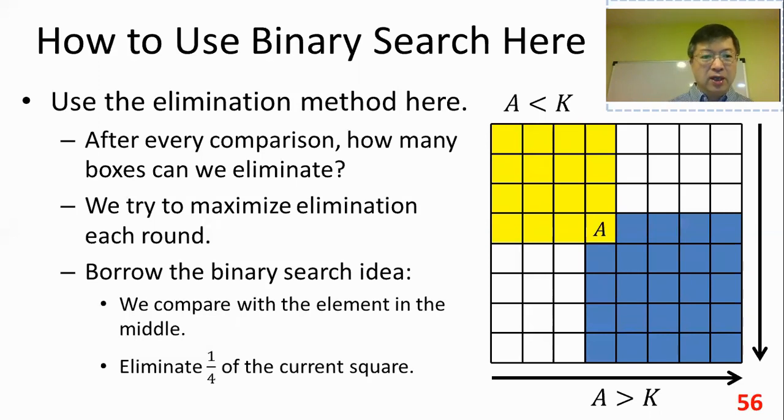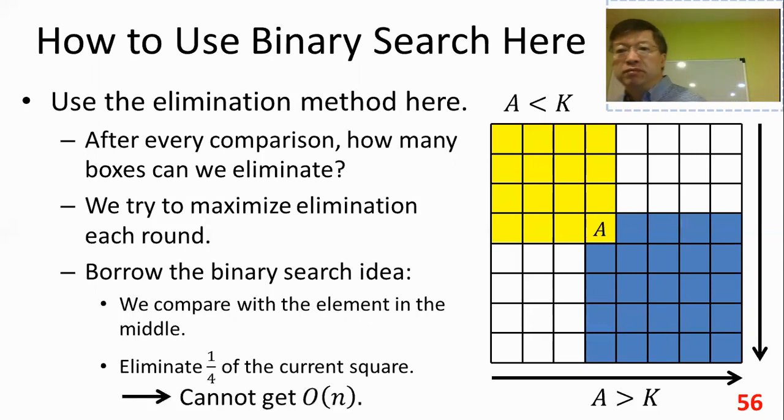So basically, suppose you have a whole square. Using this method, every time we can eliminate about 1/4 of the current square. But after this, the areas become smaller and smaller, and the number of elements you can eliminate becomes fewer and fewer.